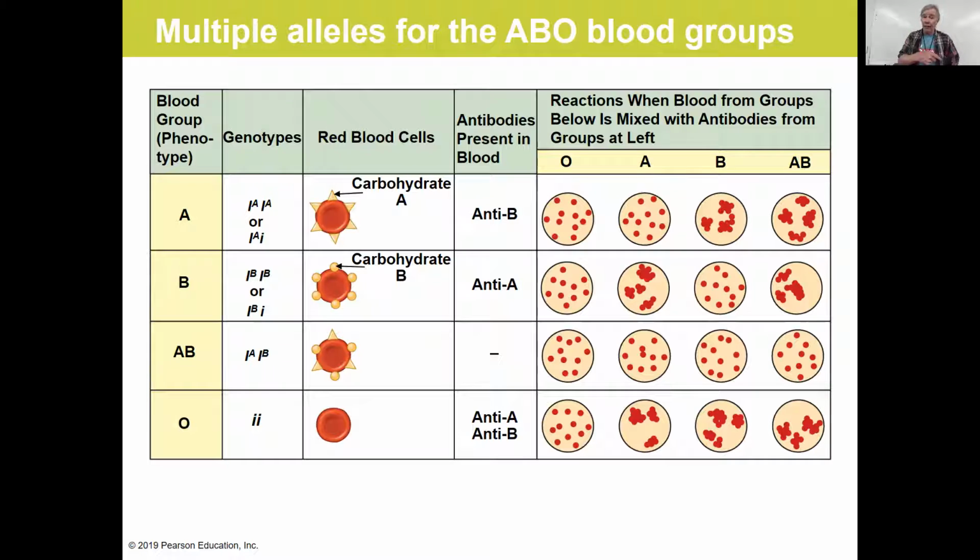If you get vaccinated for it, you also have the antibodies for it, but you got it artificially, so that's called artificial immunity. Either one protects you, right? But the important thing is that if you don't come into contact with the coronavirus or you don't get vaccinated for it, you don't have anti-coronavirus antibodies in your blood.